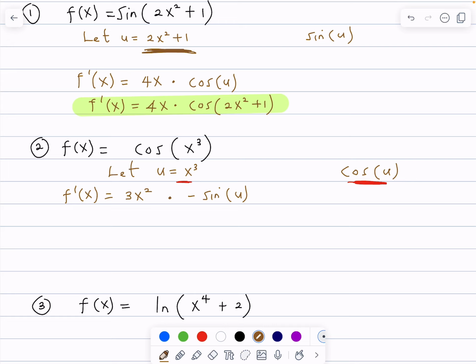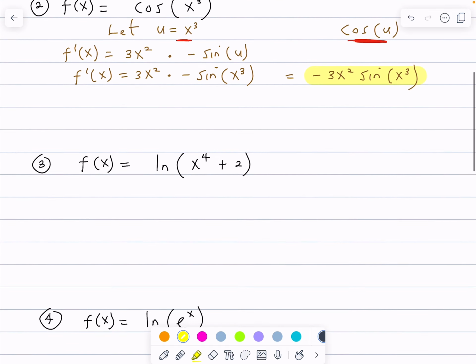So my f prime of x is going to be 3x squared times negative sine, and instead of writing u, I'm going to write x cubed, because u is equal to x cubed. So this is just negative 3x squared sine x cubed. And that's the derivative. f prime of x is that. I hope this makes sense.